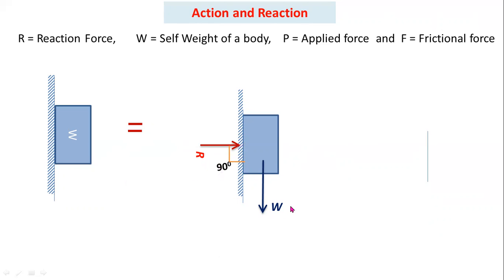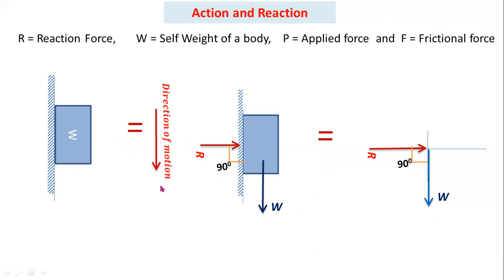Now this is a freely falling body, so the direction of motion is vertically downwards. Then the frictional force is vertically upwards. This is the free body diagram for this problem.